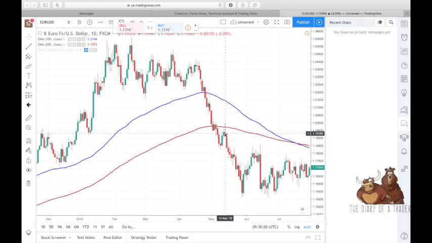You also want the close of the candlestick to be within the range of the preceding candle. Can you see that the body of the pin bar has closed within the range? And the next thing you want to look at, are there any key factors of confluence? And here there's a very big confluence factor, which is that price is rejecting the 200 exponential moving average.